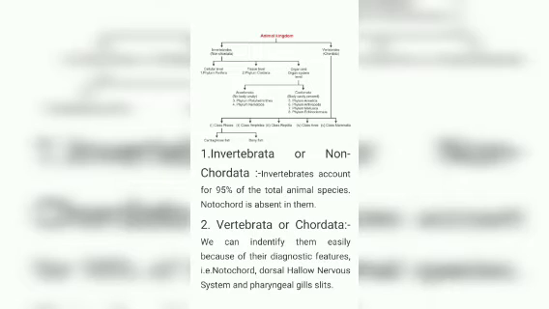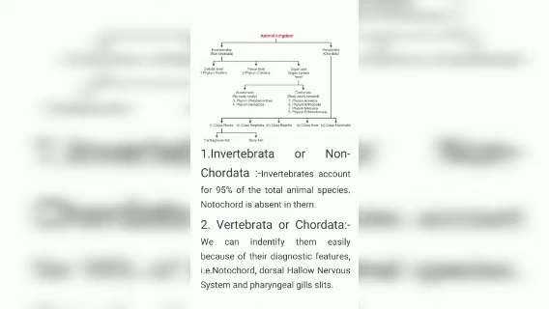Under Acoelomata, phylum Platyhelminthes and phylum Nematoda come, and under Coelomata, phylum Annelida, phylum Arthropoda, phylum Mollusca, phylum Echinodermata come, and under fishes, cartilaginous fish and bony fish come.